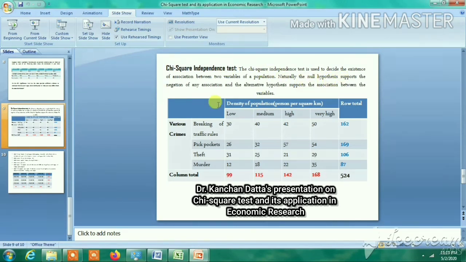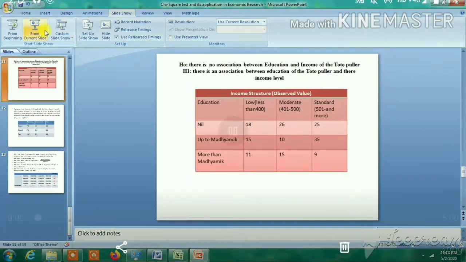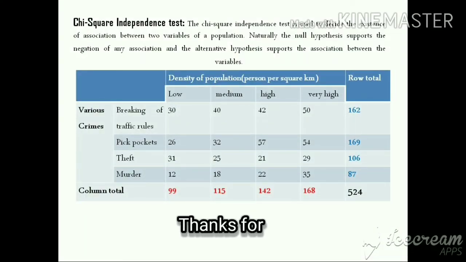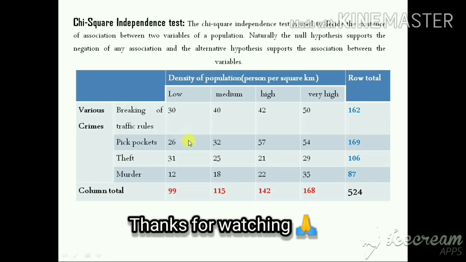That means there is no association between the density of population and crime. Since our calculated value is less than the table value, with respect to 9 degrees of freedom and 0.05 level of significance, we accept the null hypothesis. That means there is no association between the density of population and the various crime rates.